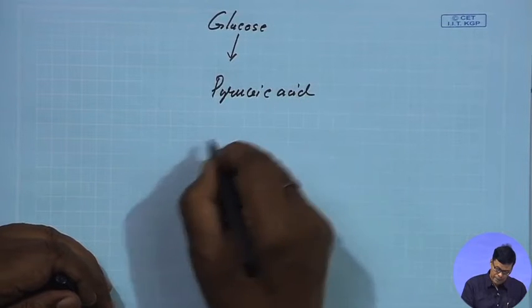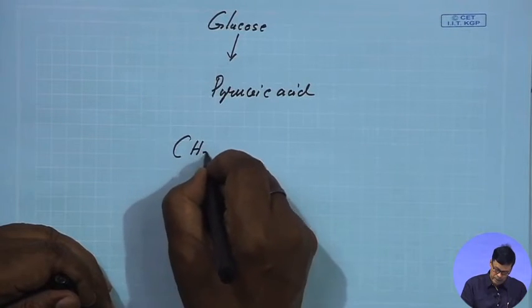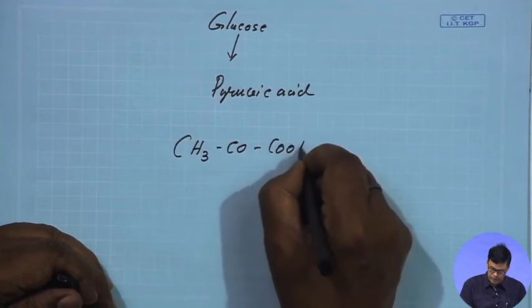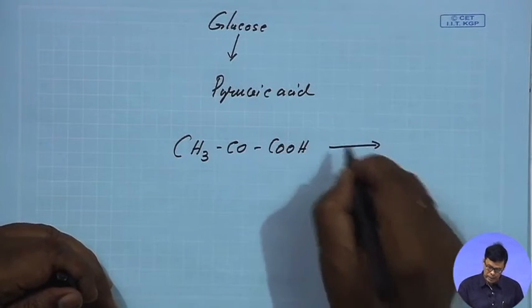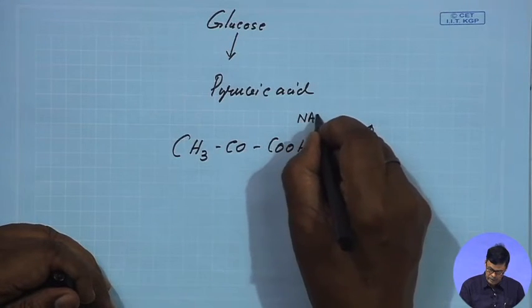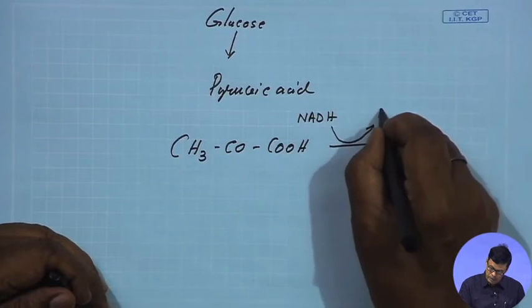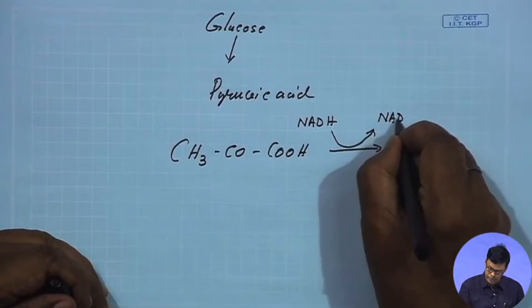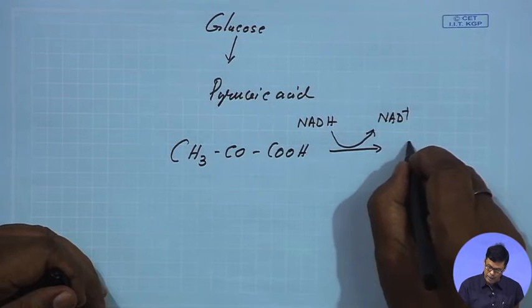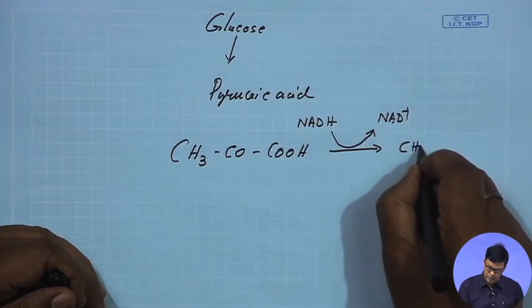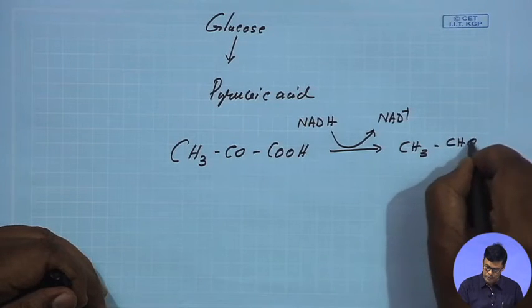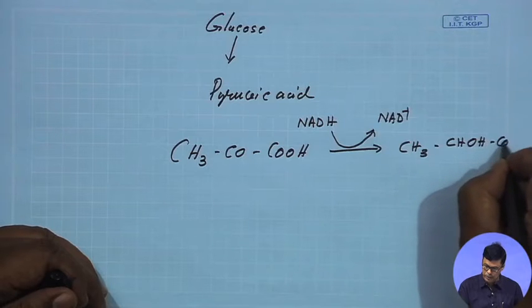Now this pyruvic acid has the formula CH3COCOOH. Now this, in presence of NADH, is reduced by hydrogen and forms CH3CHOHCOOH.